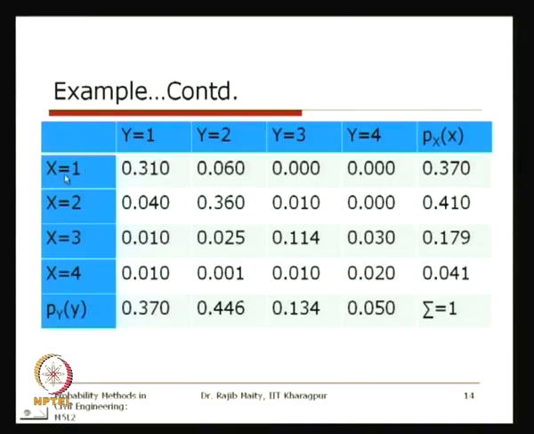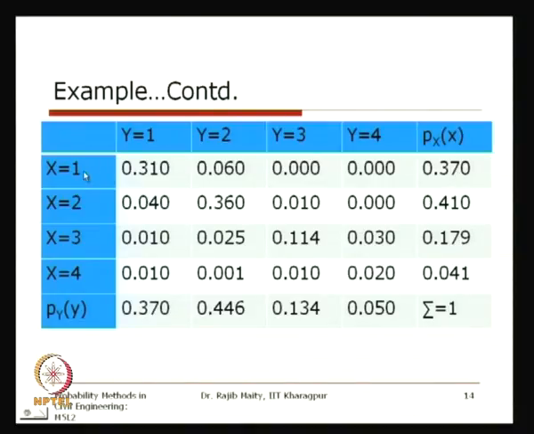So x can be 1 when y is 1, or y is 2, or y is 3, or y is 4. Whenever we talk irrespective of the value of y, any one of them can happen.